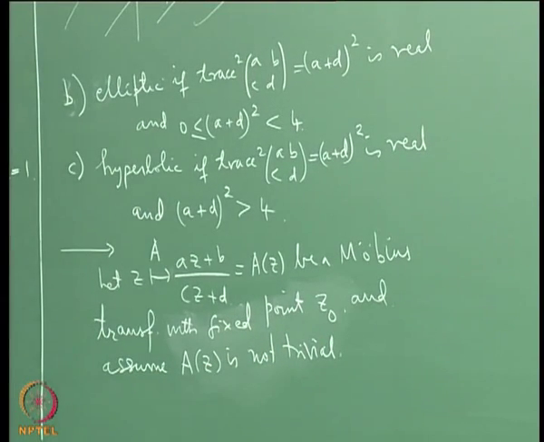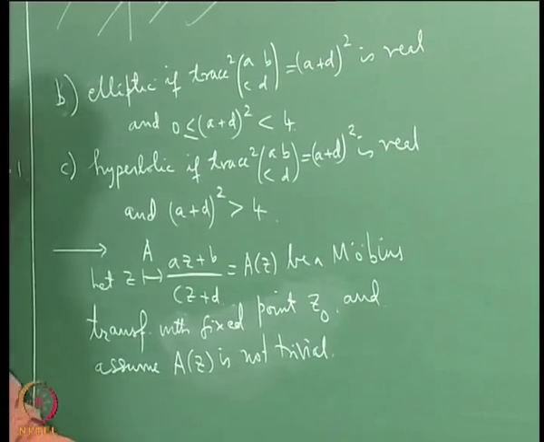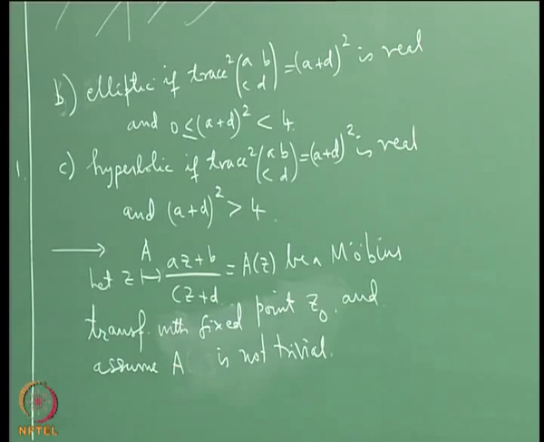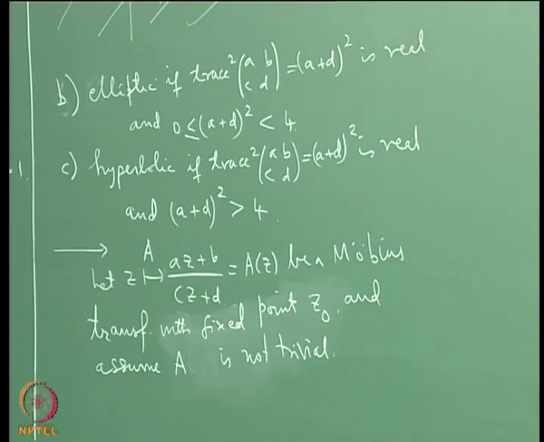Or rather let me say A is not trivial. A is not trivial means A is not the identity transformation. So it has at least one fixed point and it could have two fixed points.